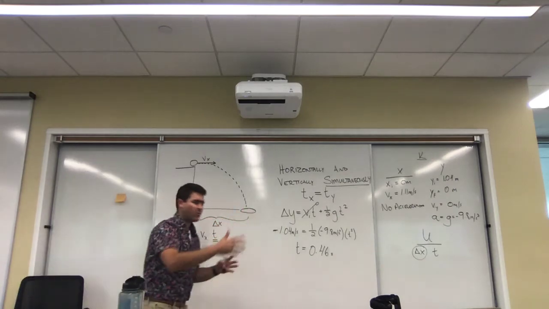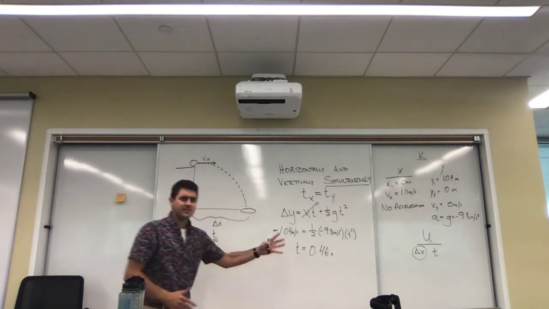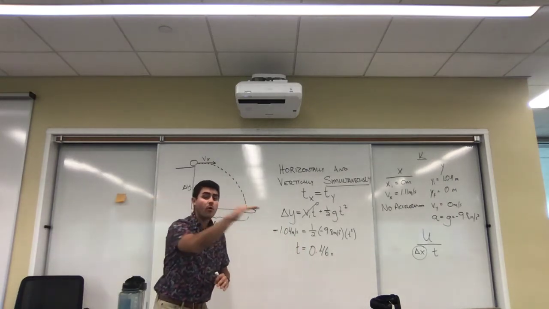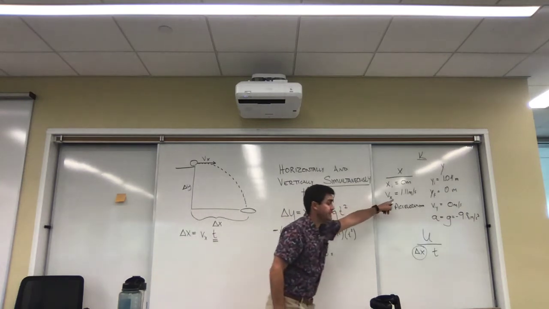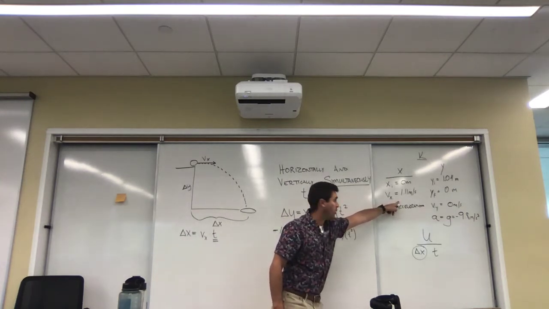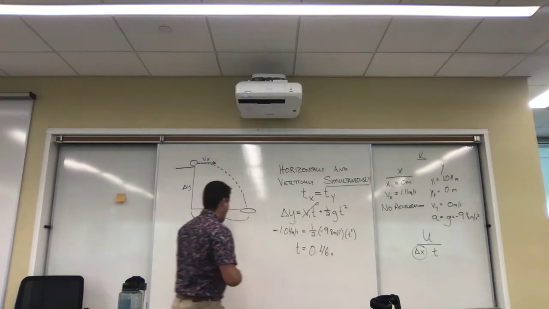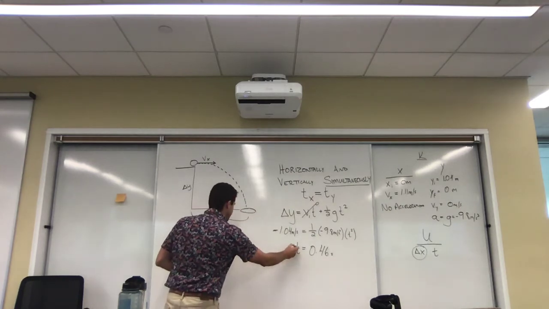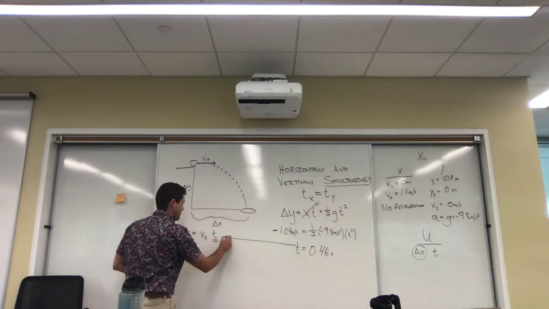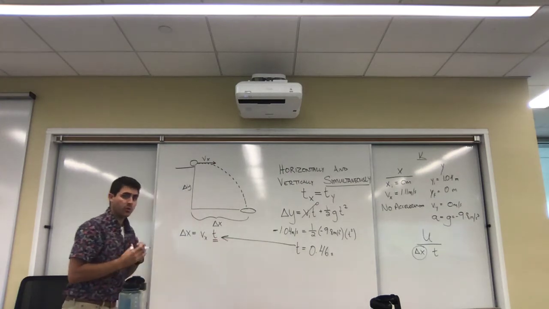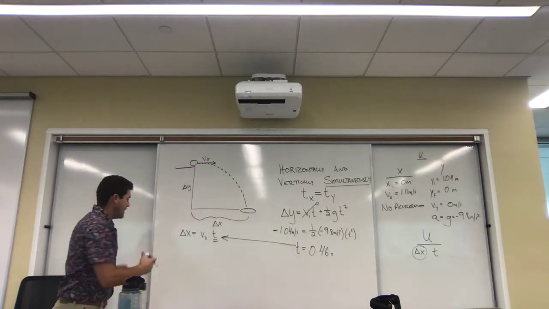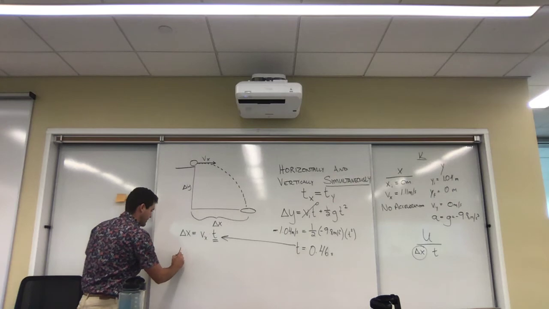Now, like we said before, this time is also the same amount of time the object will move horizontally for at its speed of 1.11 meters per second. I can go ahead and now take this time, plug it into my constant motion equation, and solve for the change in x, or the displacement horizontally.